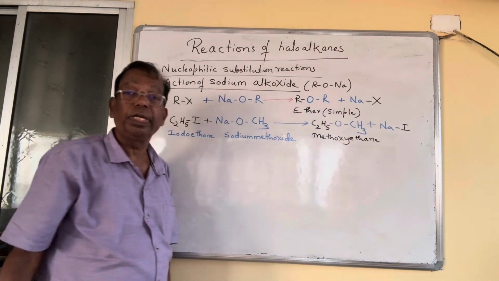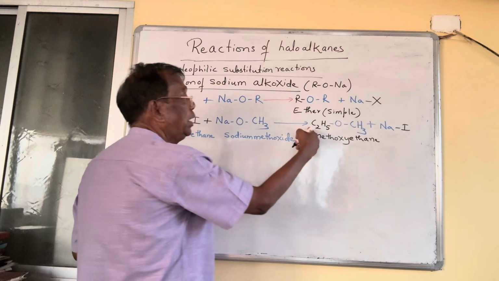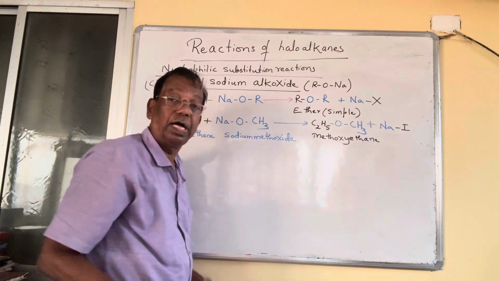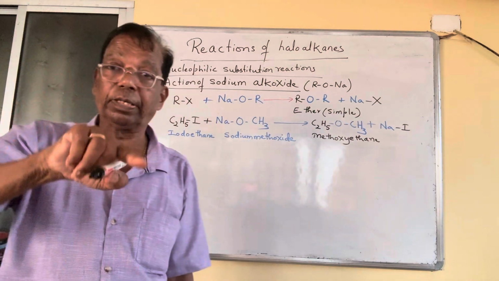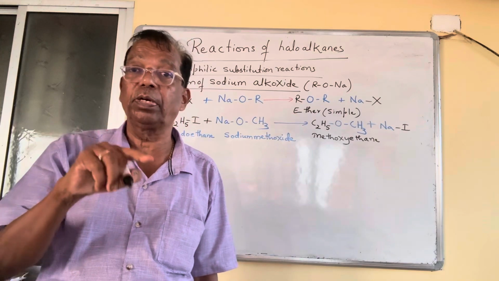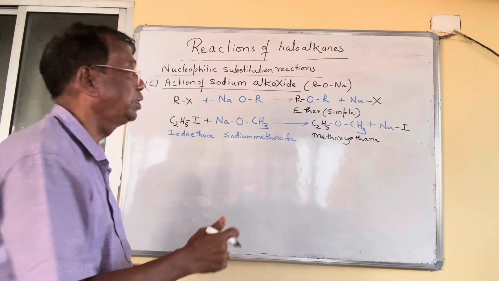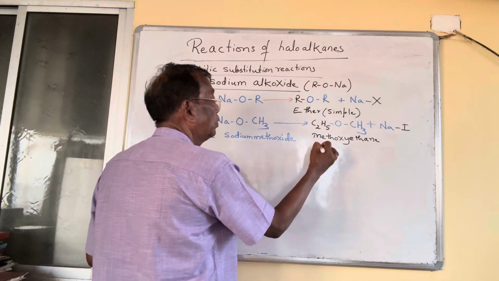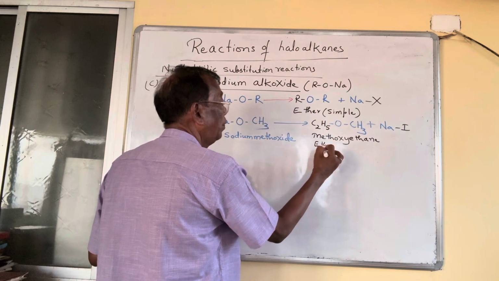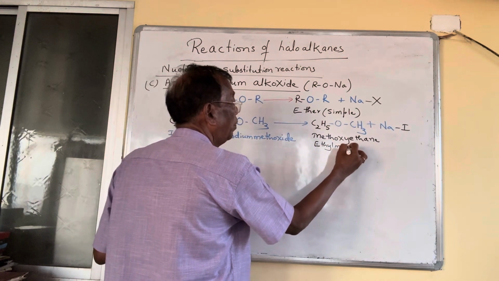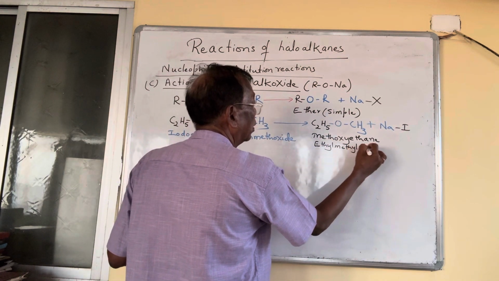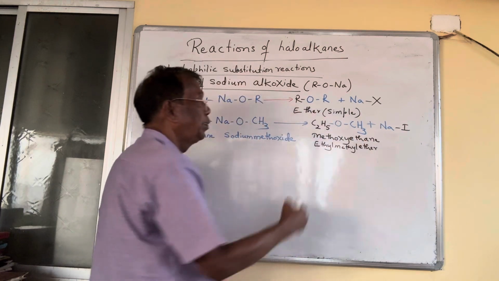Or the common name of this will be ethyl first and then methyl. When we write the common name, you have to see alphabetical order. That is also followed for IUPAC nomenclature, no doubt. So here first I'll write ethyl, then methyl ether. This is the common name. And the IUPAC name is what?